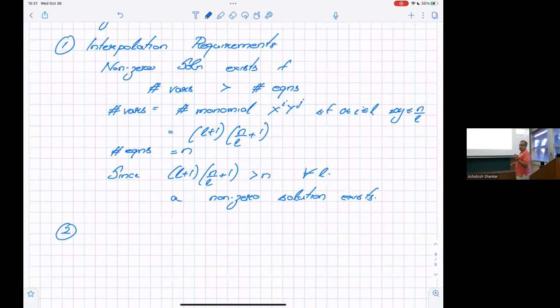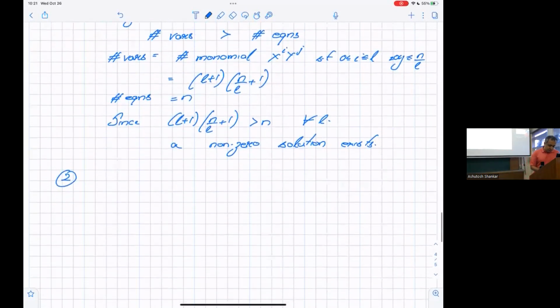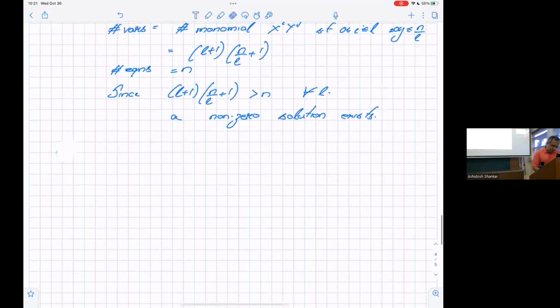So that's the first requirement. L has been already chosen. This L and n by L has been chosen for that. The second one is we want, if a P agrees with the data on a large number of points, y minus P of x should be a factor of Q of x,y. Equivalently, we want the following.